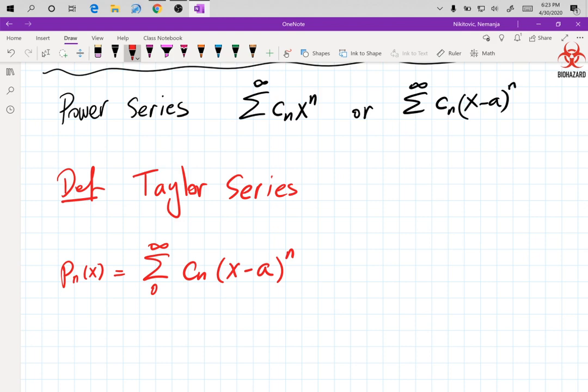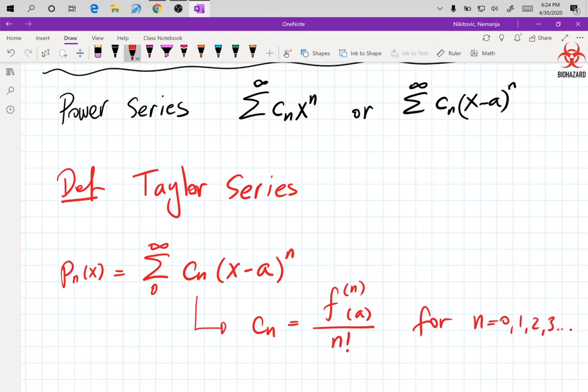Now, what makes Taylor series a special power series is that we have a formula to calculate the Cn's. Cn's are defined as the nth derivative of f computed at a, divided by n factorial, for n starting at 0 and then 1, 2, 3, going on forever.